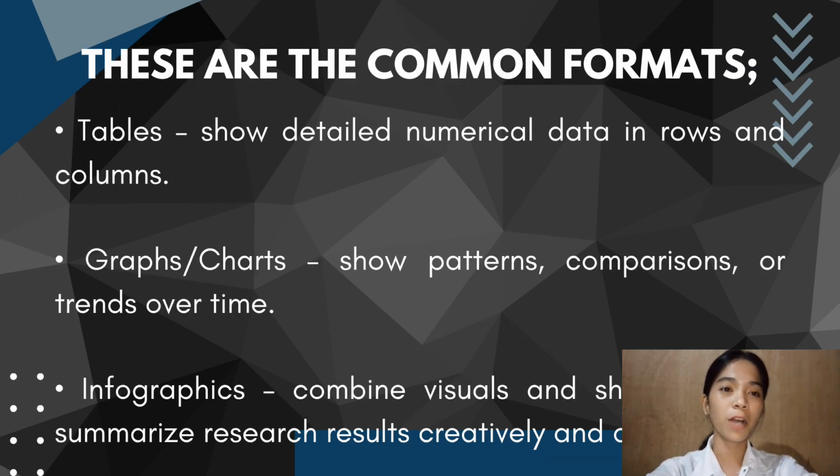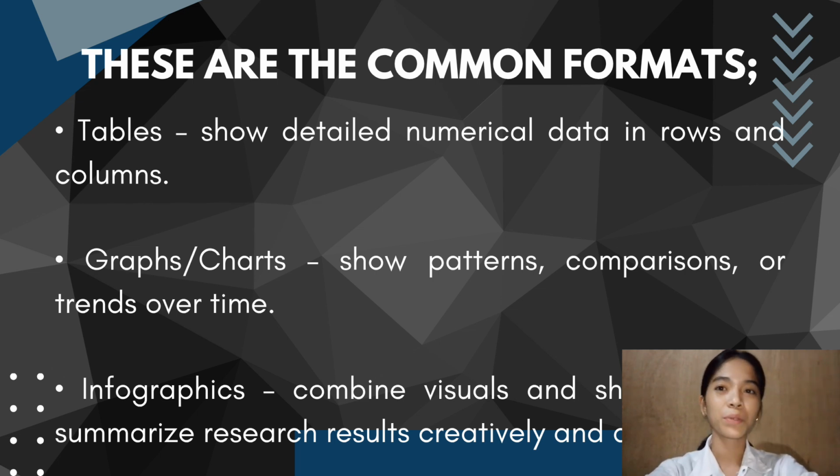Now, there are common formats we can use when presenting findings visually. First, we have tables, which show detailed numerical data arranged in rows and columns. Second, we have graphs or charts. These are used to show patterns, comparisons, or trends over time, like a line graph or bar graph, showing how something increases or decreases.